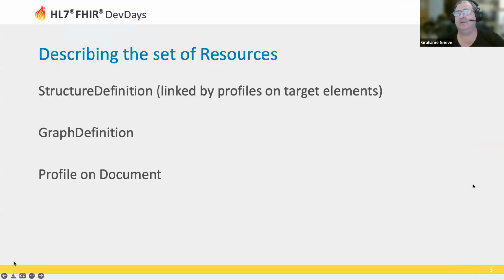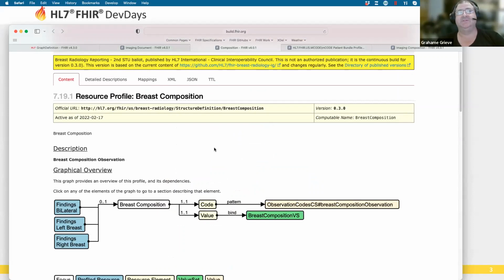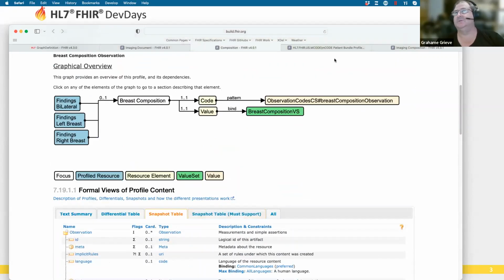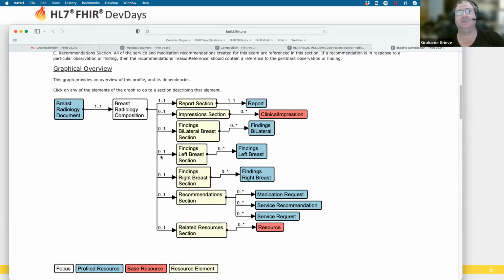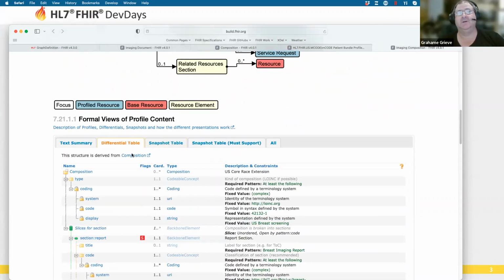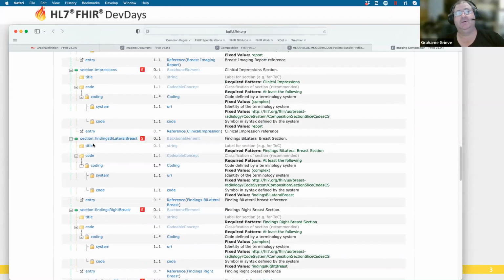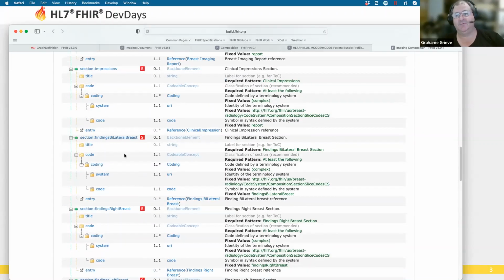We do have profiles on documents, a bundle with a composition, and a profile on a composition that would go in a bundle. It tells you which of these things to assemble in your work.